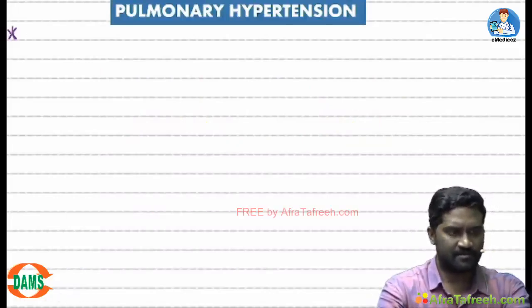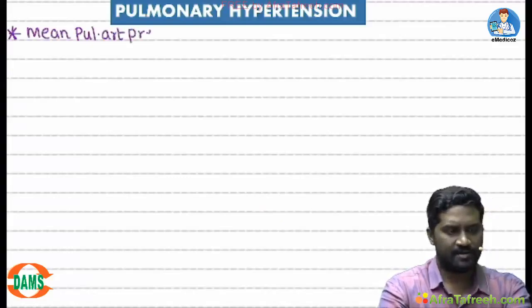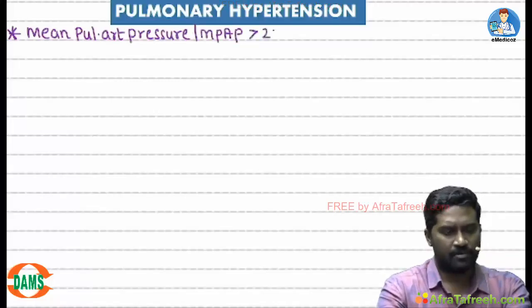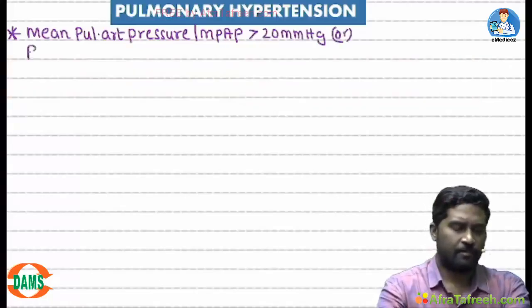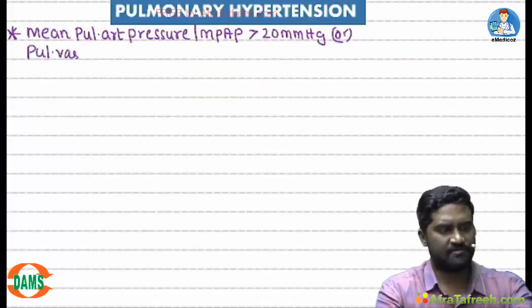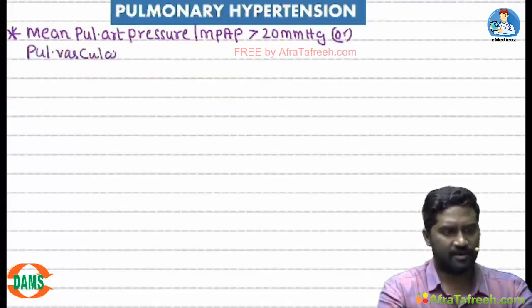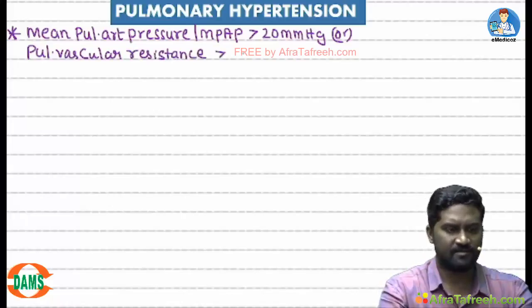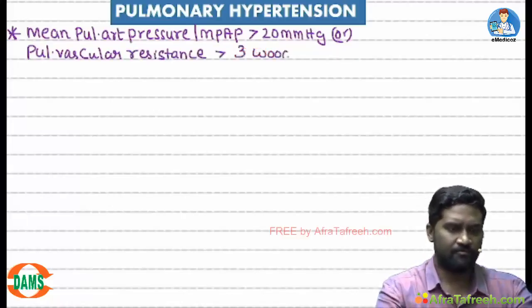Pulmonary hypertension is defined as mean pulmonary arterial pressure, also called MPAP, more than 20 mmHg, or in terms of pulmonary vascular resistance, more than 3 Wood units.